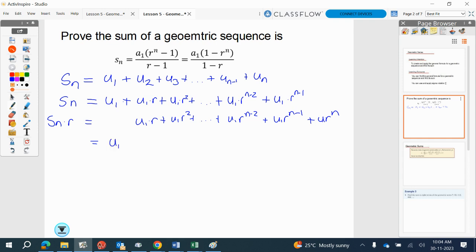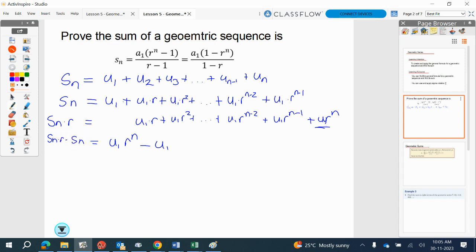We'll get this term at the end, and we'll subtract this term from it. That's all that's left. Everything else, however many terms there were, disappeared, and we know exactly how many are left: 2 terms. And over here, we'll get Sn r minus Sn.